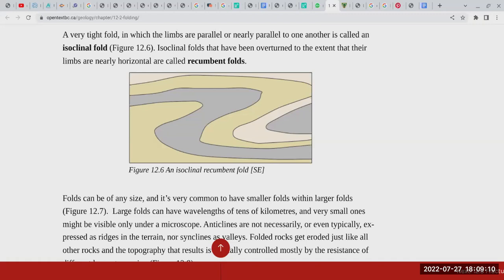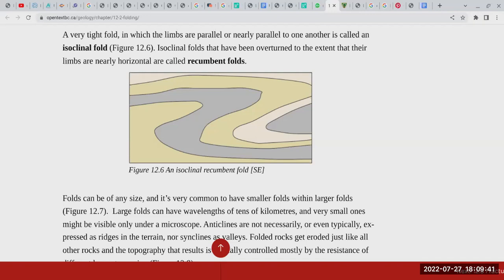Let me tell you what normally happens. When the university is sending us out into the field, they normally send us out in pairs. Why, sir? It is strategic. Because when I see a fold and I say that this is asymmetrical, my field partner might say to me, no, it's not asymmetrical, it is overturned. And I said, no, man, it looks asymmetrical.